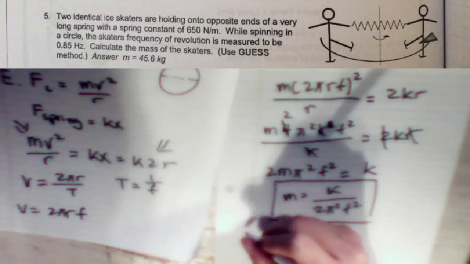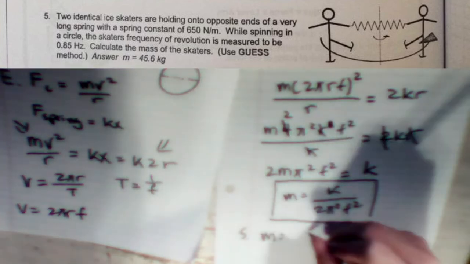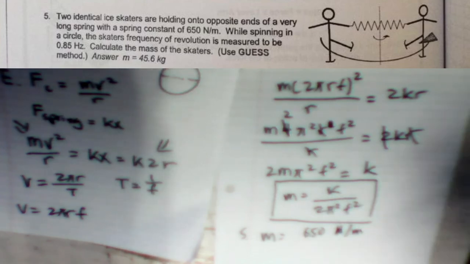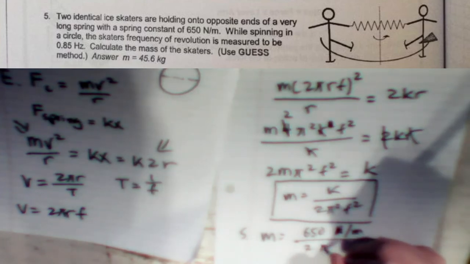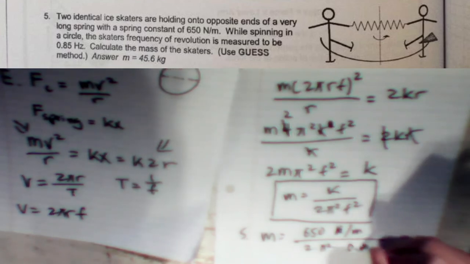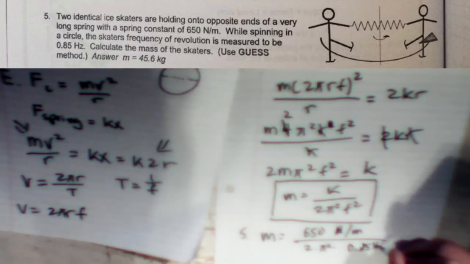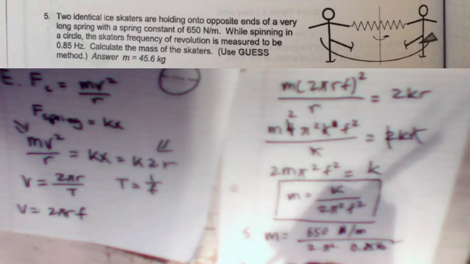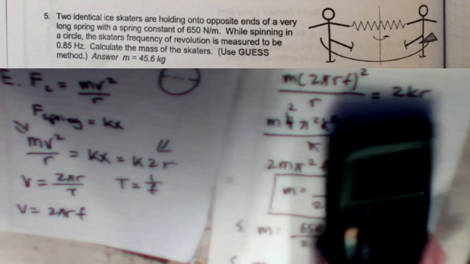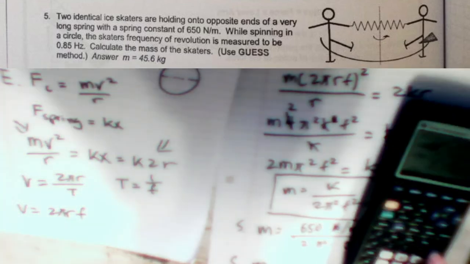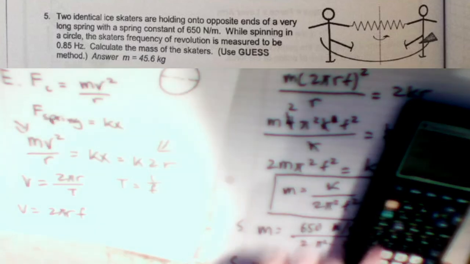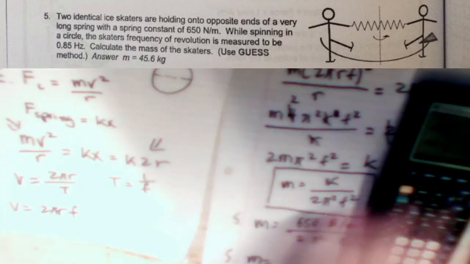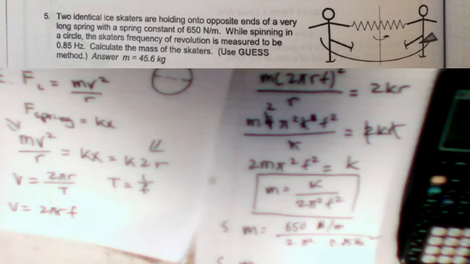And now we're doing the substitution. m is equal to 650 newtons per meter divided by 2 times pi squared times 0.85 hertz squared. And that should give you 650 divided by 2 divided by pi squared divided by 0.85 squared, and that gives you 45.58.